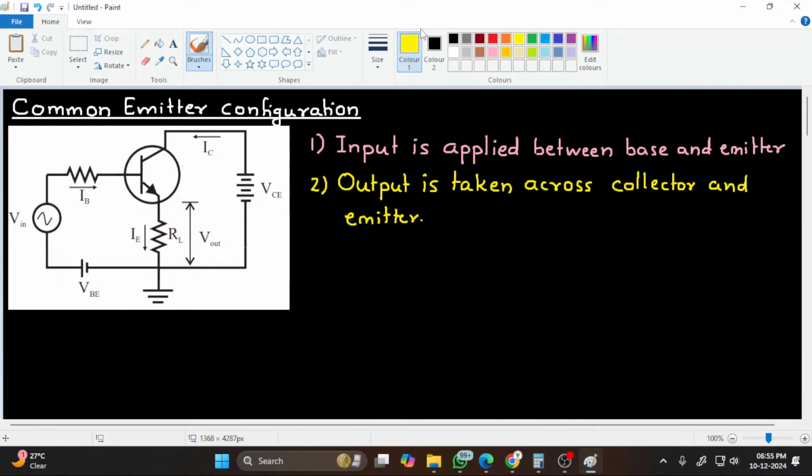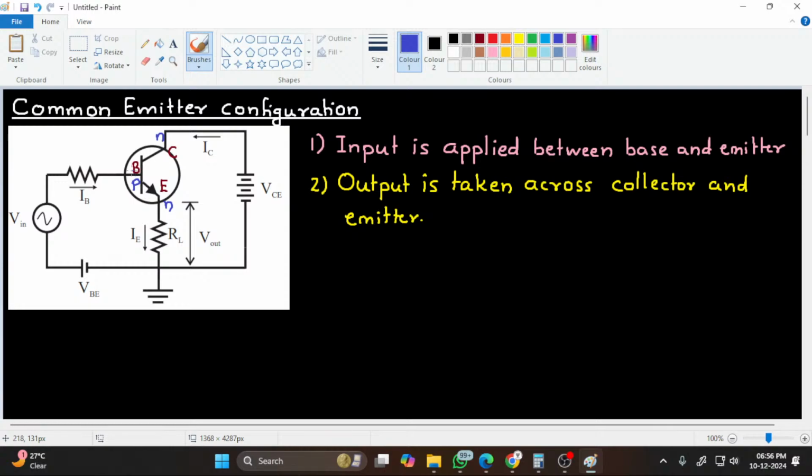So if you look at here, this is the base, this is collector, and this is emitter. So base emitter junction is forward bias, and collector emitter junction, as you can see, it is reverse bias, because this transistor is NPN type transistor. So collector is N type, base is P type, and emitter is also N type.